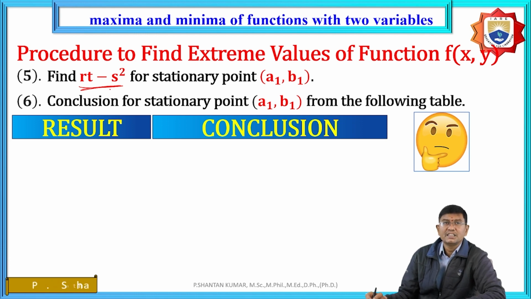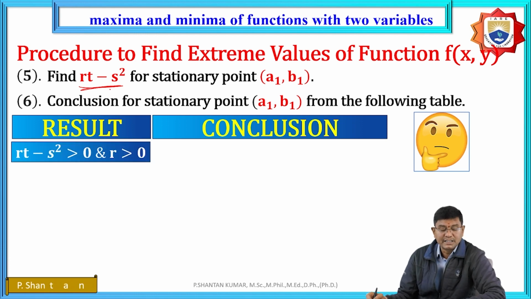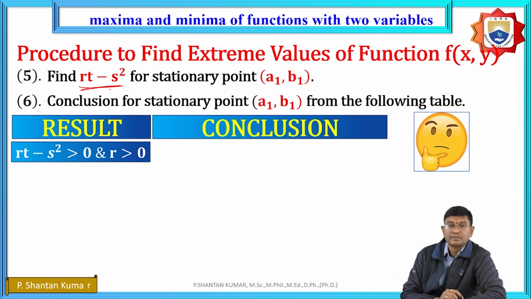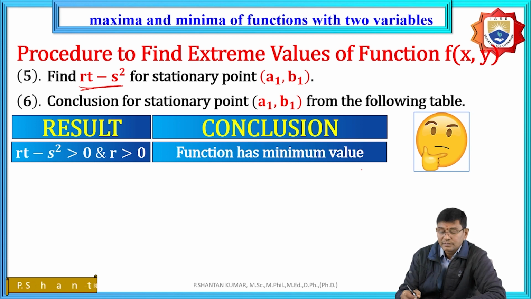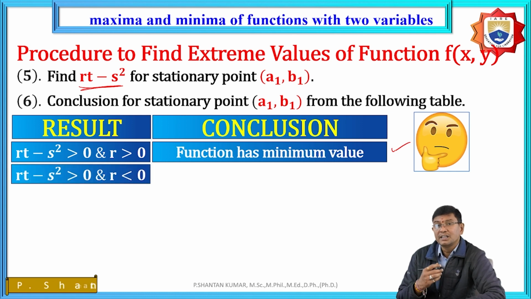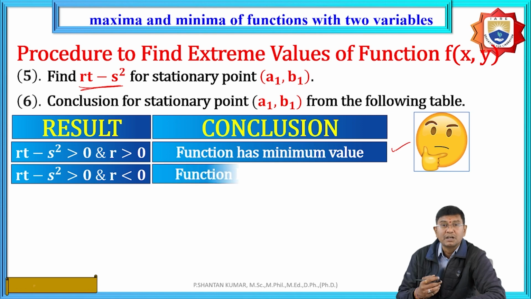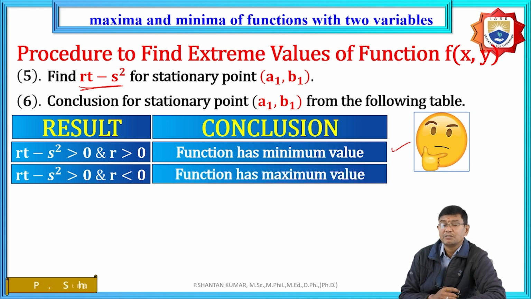For example, after calculating rt minus s square, if it is greater than 0 and r is also greater than 0, then the function is said to be a minimum value. And again, if rt minus s square is greater than 0 and r is less than 0, then the function is said to be a maximum value.